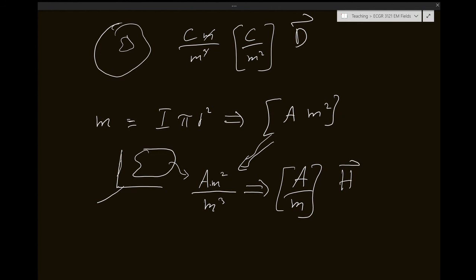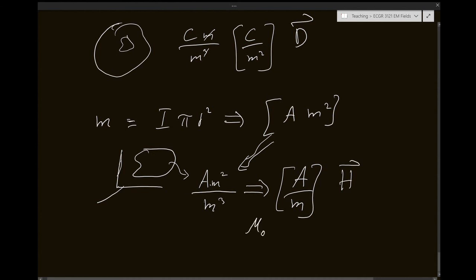And in the same way we match the P field to the D field to get the total D field, we'll also now match the magnetic dipole moment density with the H field to get the combined field and define not the permeability of free space, but the general permeability of any material.